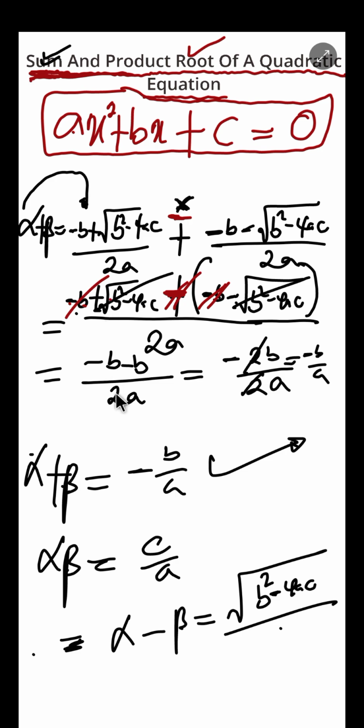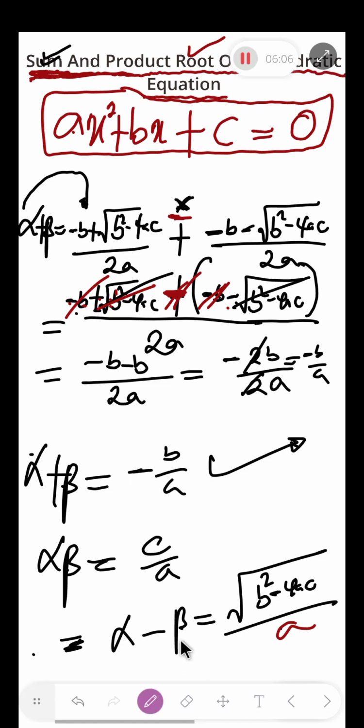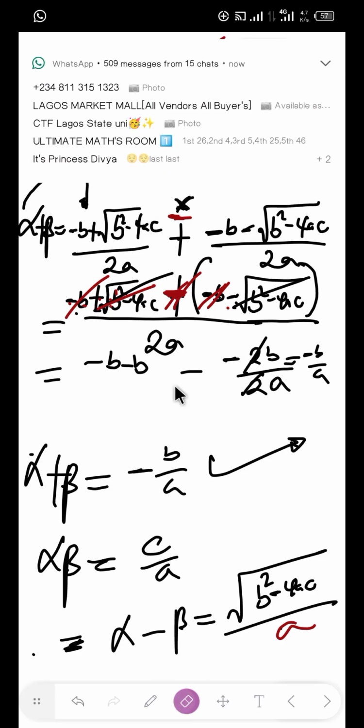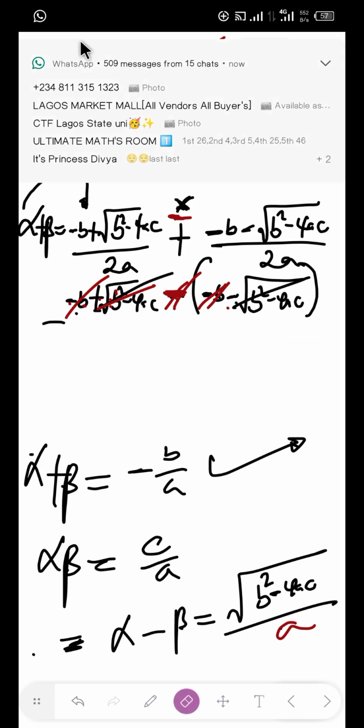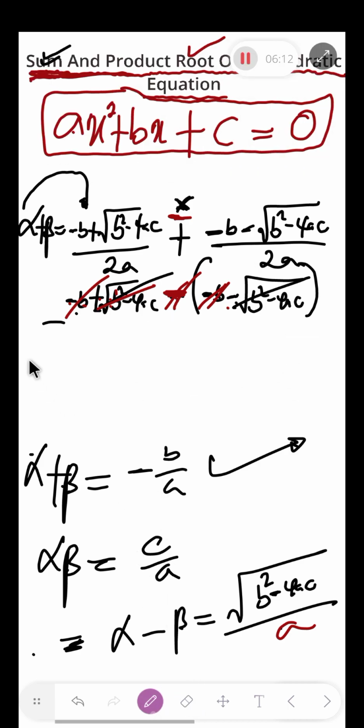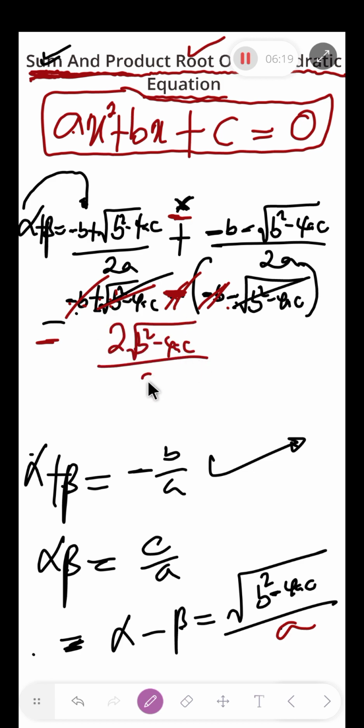Whatever I'll be left with is twice of square root of b squared minus 4ac over 2a. So if this cancels this, I have the subtraction as square root of b squared minus 4ac over a.